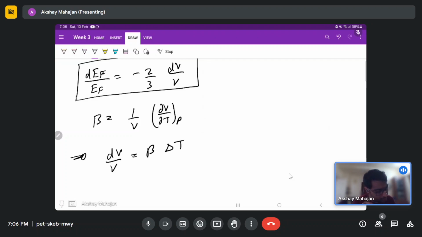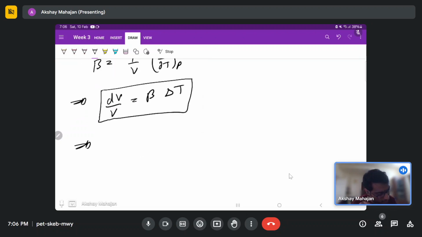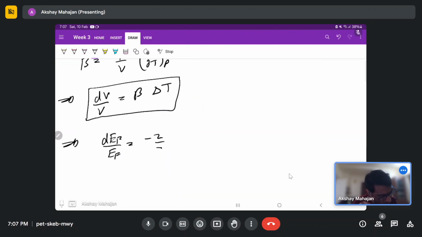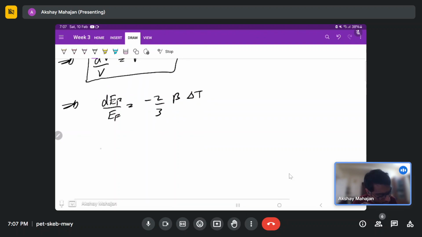So I can write dV by V as beta times delta T. Then using this, dEf by EF is equal to minus 2 by 3 beta times delta T. So I can write my beta is equal to minus 2 by 3 delta T times dEf by EF.